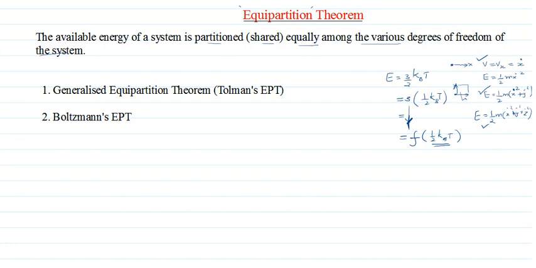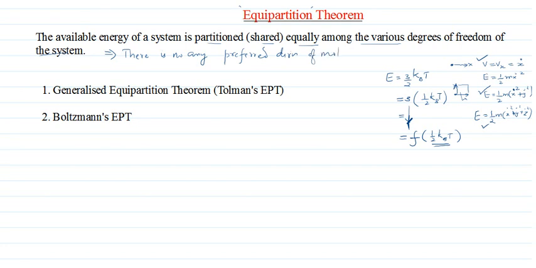Or putting it in other words, it can also mean that there is no preferred direction of motion for a particle. It doesn't have any partiality, any preferred direction or orientation of motion.